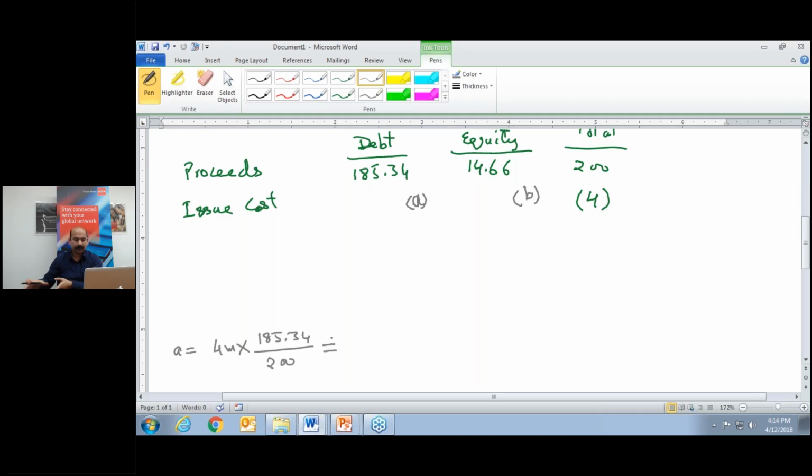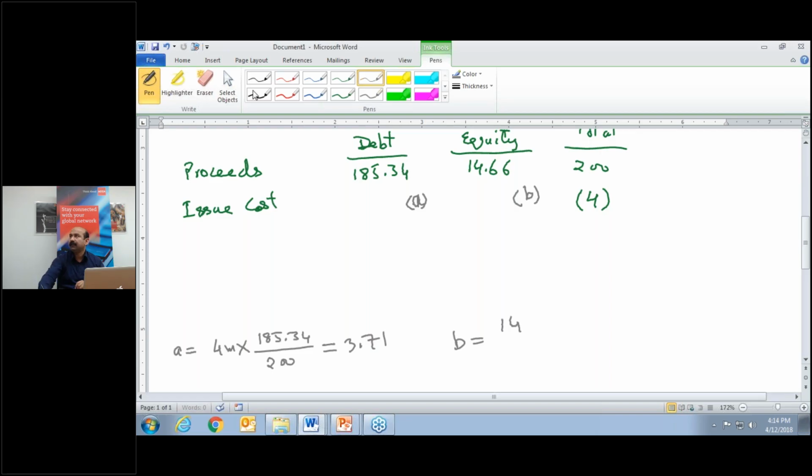This will give us 3.71. I am rounding this figure. 3.71.